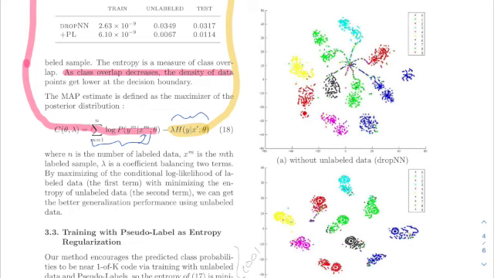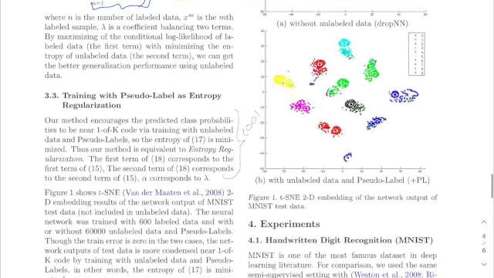N is the number of labeled data, xm is the m-th labeled sample, alpha is a coefficient, and then the log likelihood of a labeled data, which is the first term, and minimizing the entropy of the unlabeled data, which is the second term. So it's kind of drawing a parallel, and this is why it works. It's similar to a posterior distribution function in here.